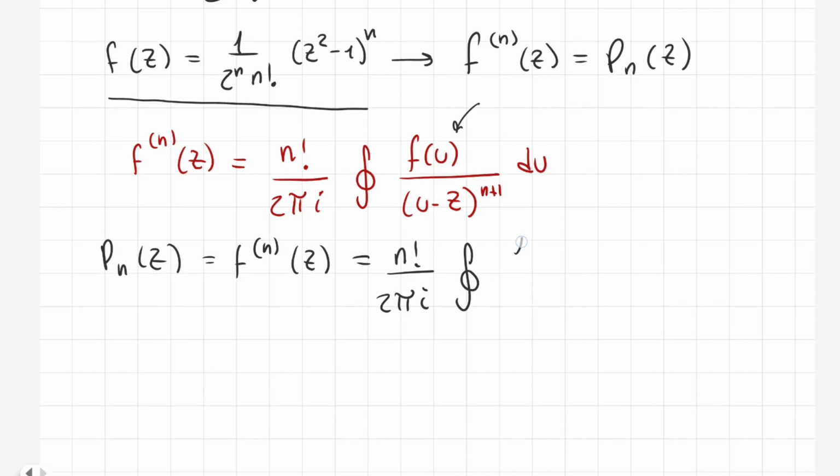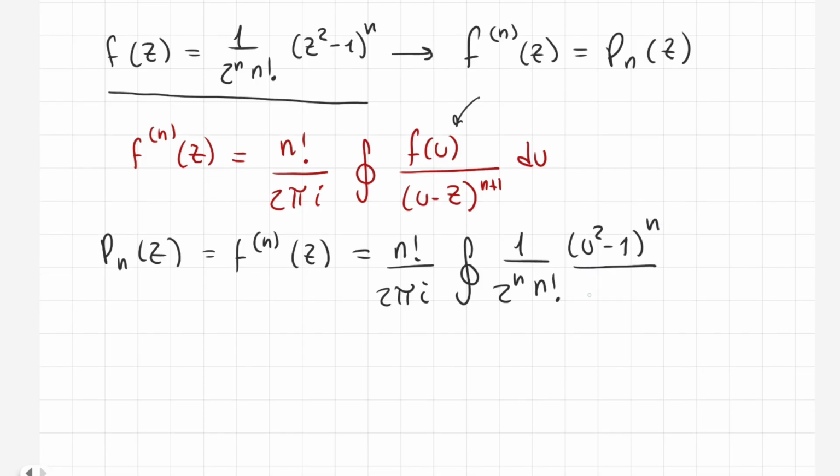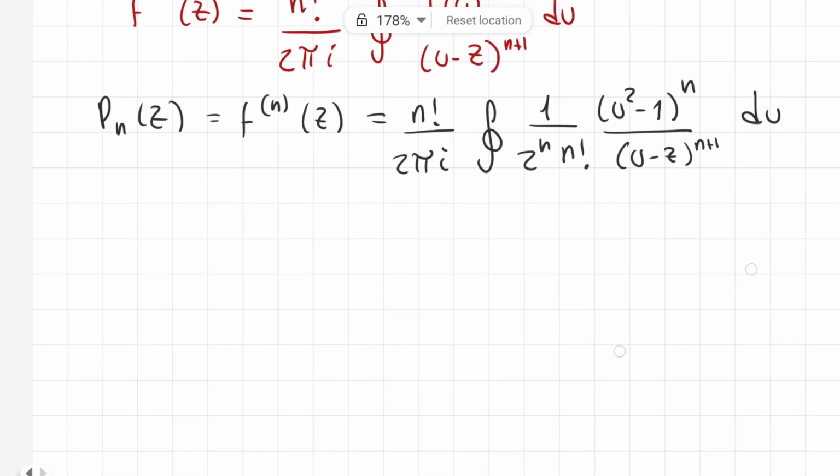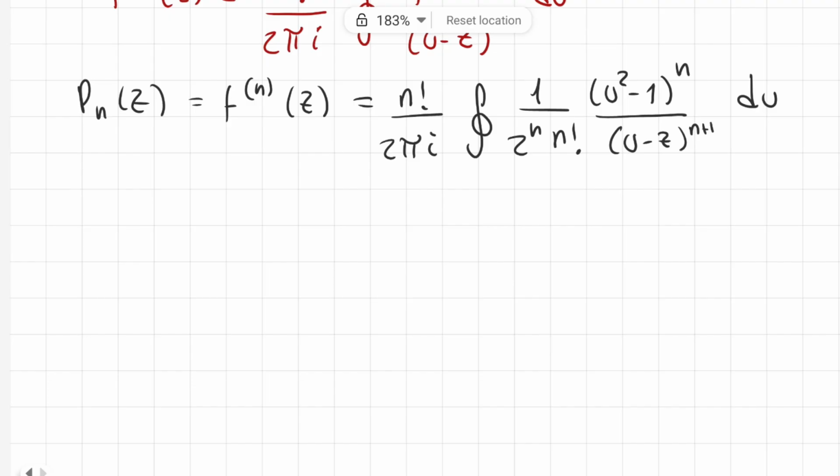That is going to be 1 divided by 2^n n!, and then (u^2 - 1)^n, divided by (u - z)^(n+1), and then du. Perfect. So in order to find an integral representation of the Legendre polynomials, we need to solve this integral, right?